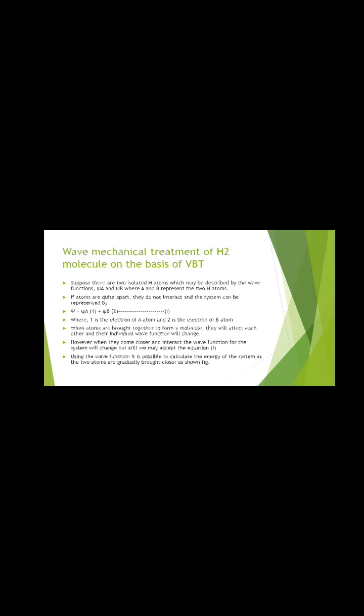This can be considered with the help of this diagram. This diagram gives us brief information about the potential energy with respect to the internuclear distance. So as I said, when the two isolated atoms are far apart, their energy is considered as 0. But when they come closer, they will form the molecule, and they form mostly a curve first.